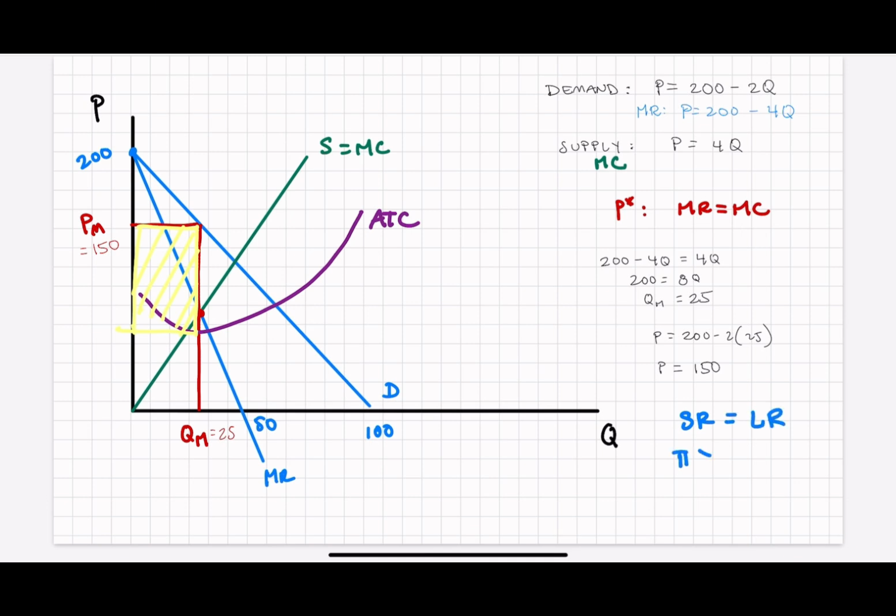So if there are profits in the short run, because of barriers to entry, there are profits in the long run. And that's an example of how to set price and quantity and identify profits and consumer producer surplus and deadweight loss in an example with a firm that is a monopoly.